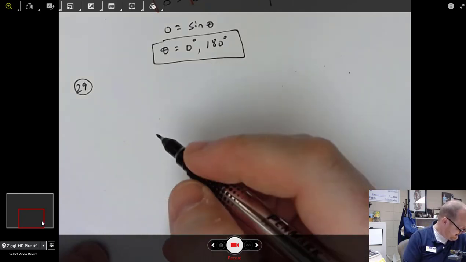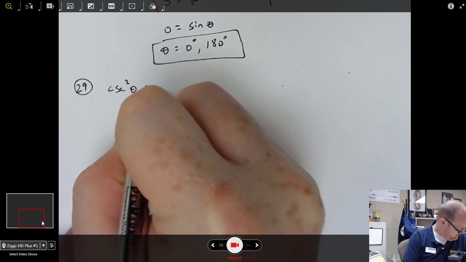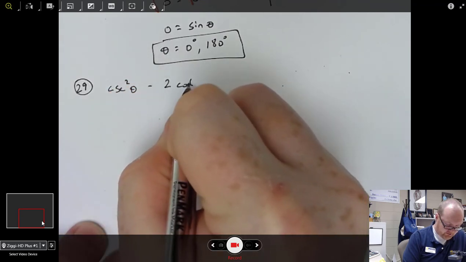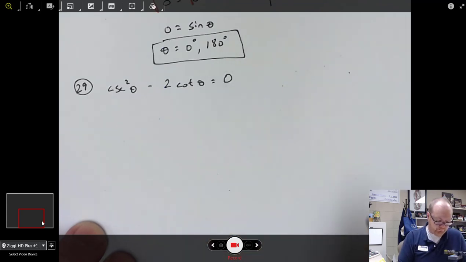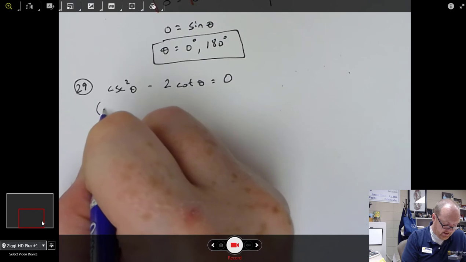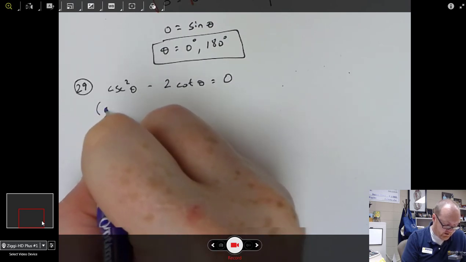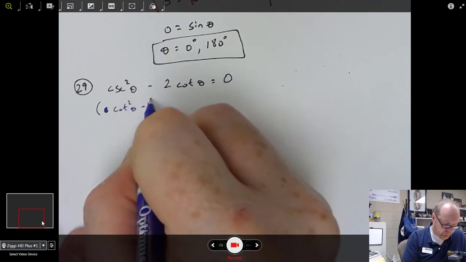Number 29 says cosecant squared minus 2 cotangent all equal to 0. So again, I've got 2 different functions going on. Let's see if we can't bridge the gap there. So cosecant squared is exactly the same as what? Cotangent squared minus 1. Is that identity?